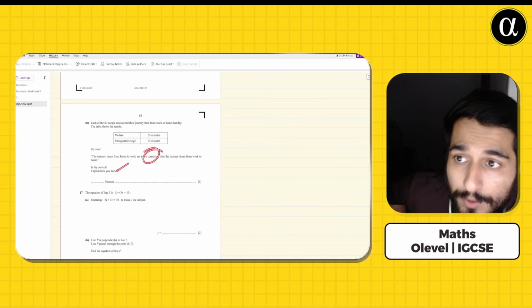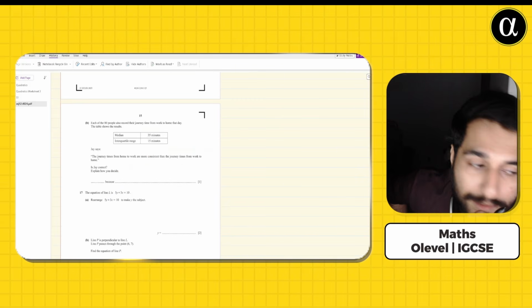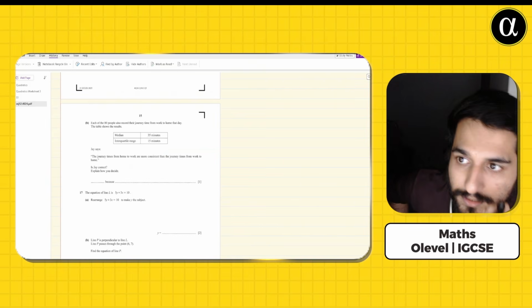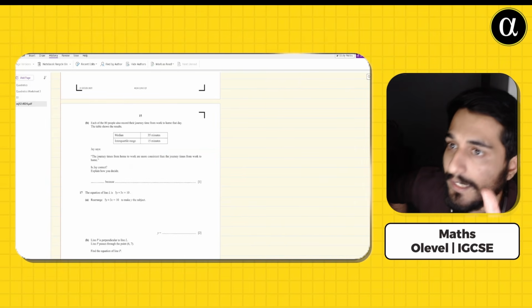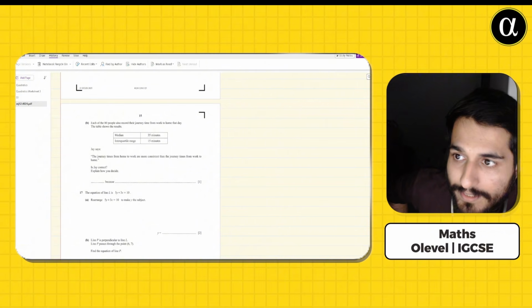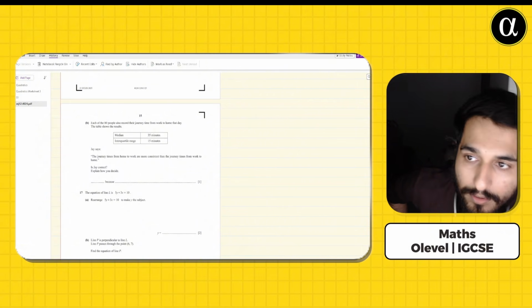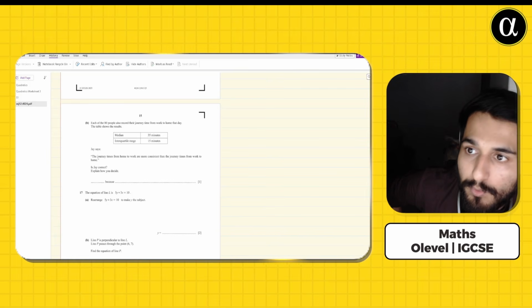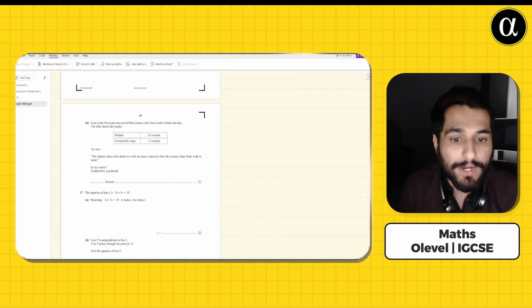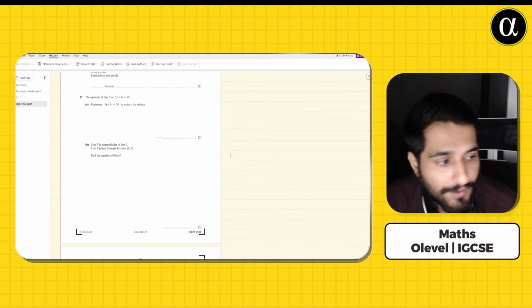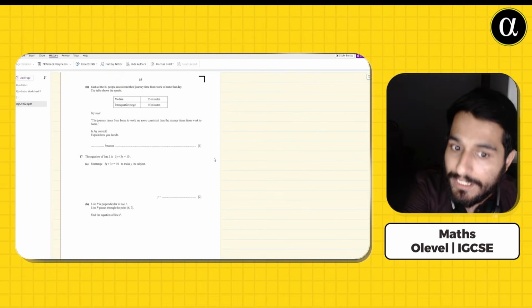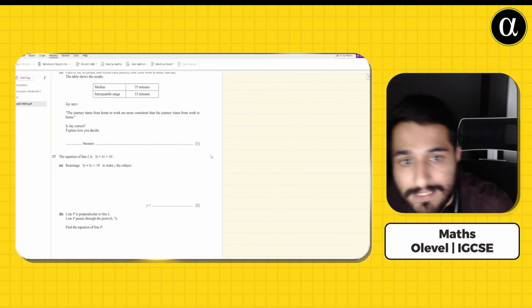So is he correct or not? How do we know whether or not the data is consistent? If the interquartile range is smaller, the lesser the value for the interquartile range, that means the data is going to be more consistent, more close to each other, more packed to each other.